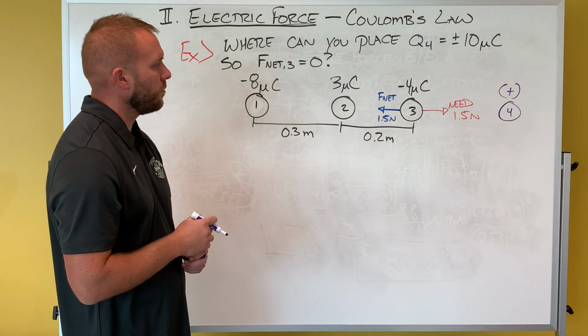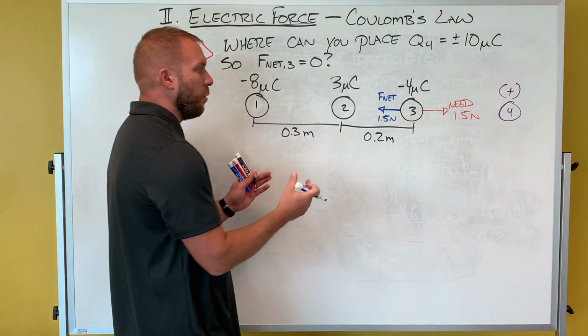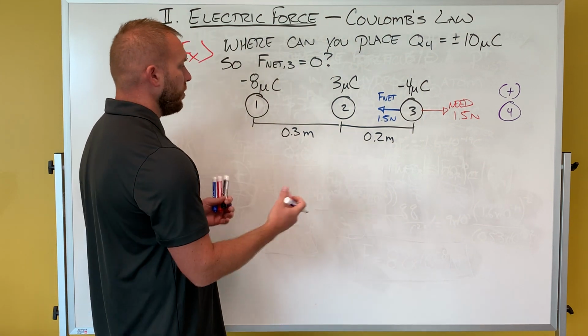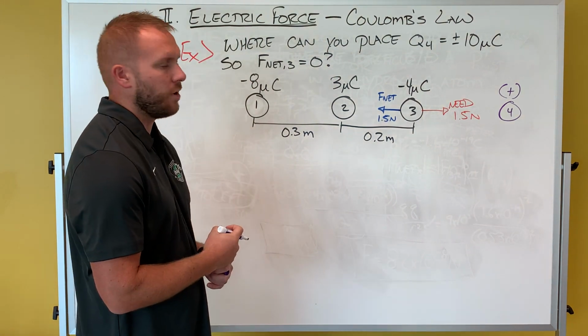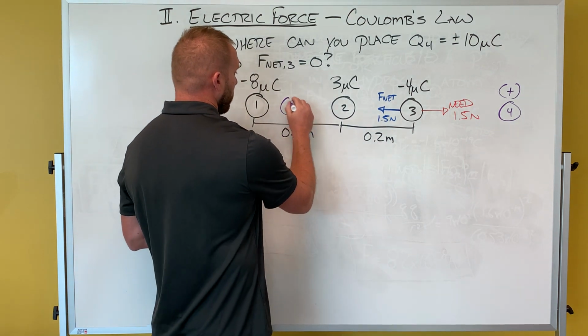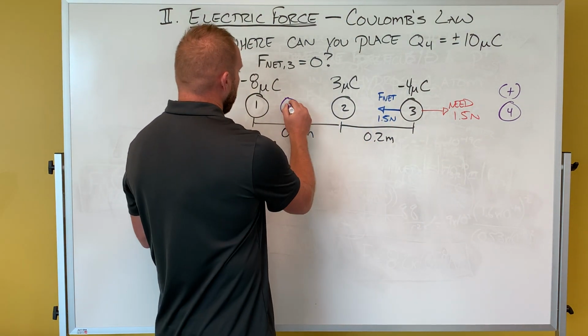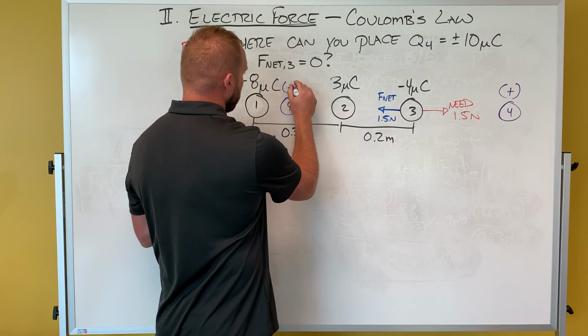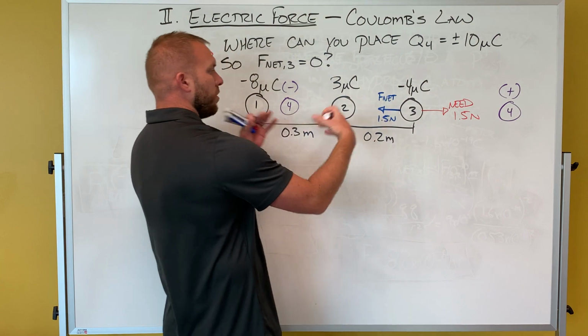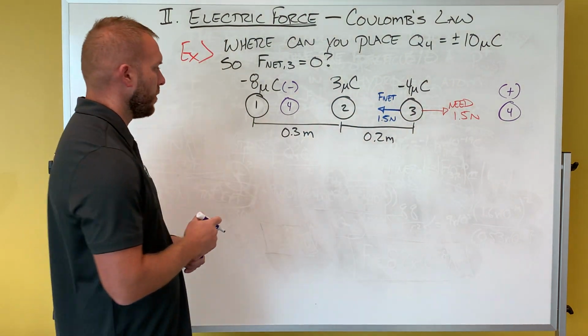How else could we get another force of 1.5 newtons acting to the right? Well, we could put a negative charge over to the left. We don't really know exactly where. If we put a charge here and made it negative, that's going to give me 1.5 newtons that way because they're going to try to be repelling.